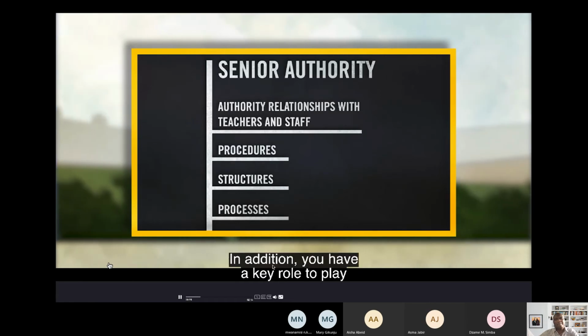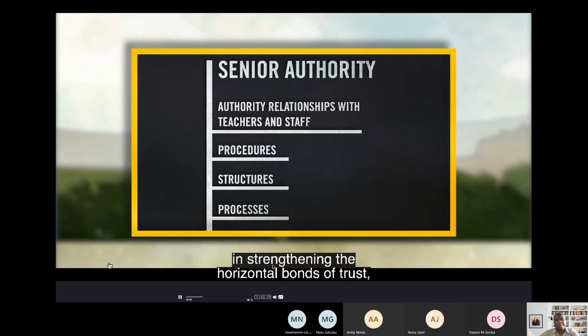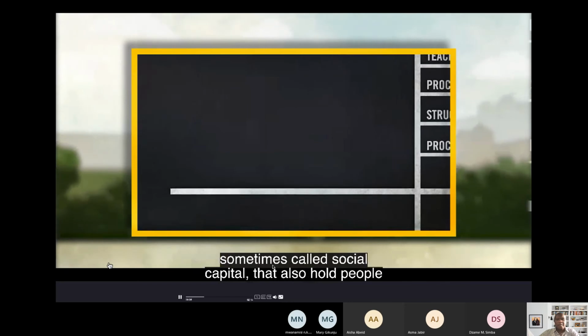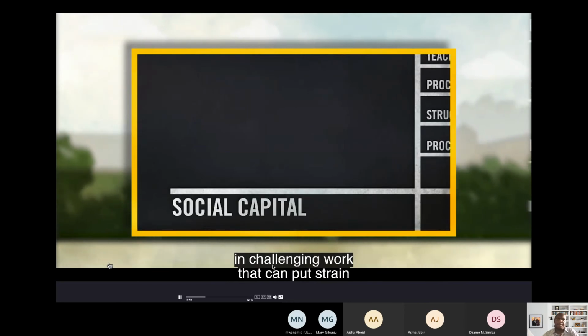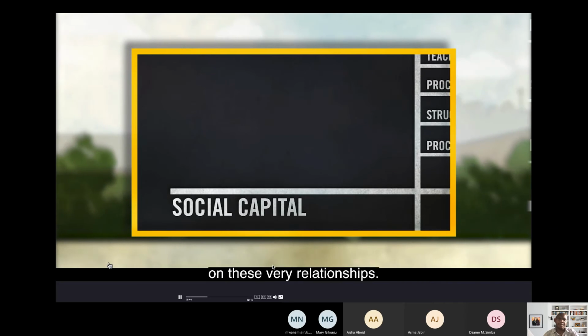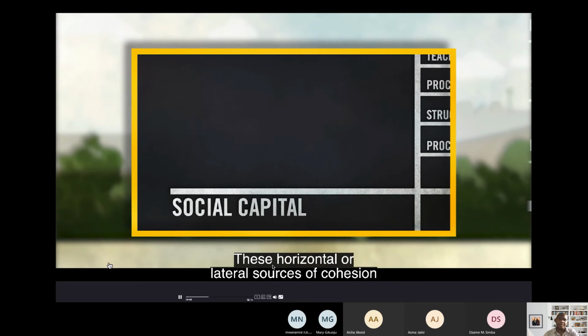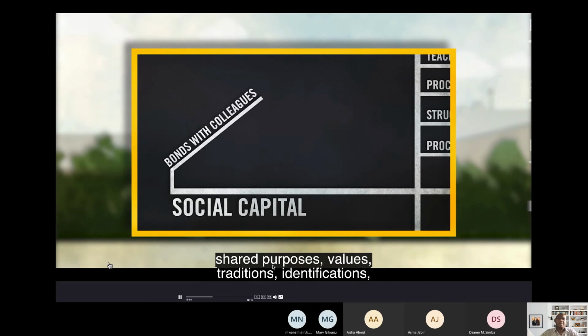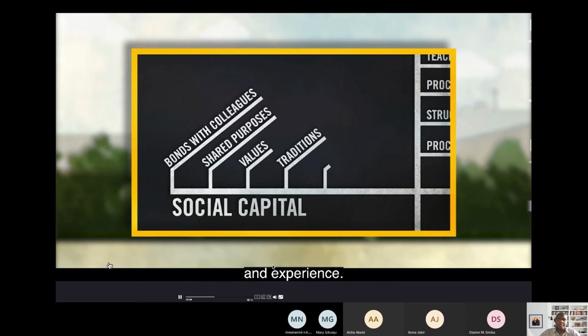In addition, you have a key role to play in strengthening the horizontal bonds of trust, sometimes called social capital, that also hold people in challenging work that can put strain on these very relationships. These horizontal or lateral sources of cohesion consist of bonds of association amongst colleagues, shared purposes, values, traditions, identifications, and experience.